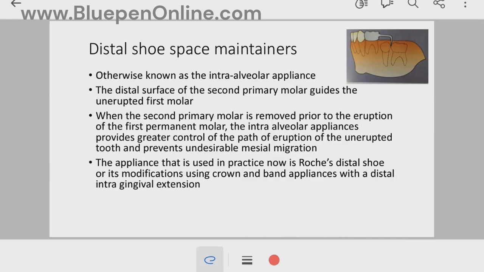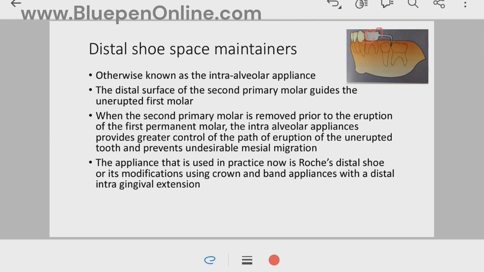Then distal shoe space maintainer. This is also known as an intra-alveolar appliance, and this is a very commonly asked question. The distal surface of the primary molar guides the unerupted first molar.